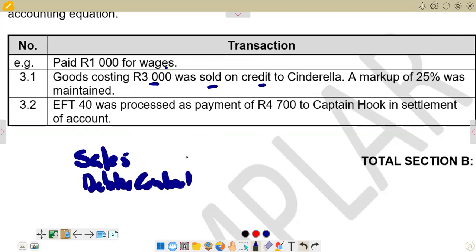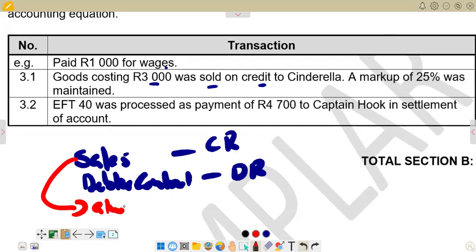So what we are supposed to now indicate is which one we are debiting, which one are we crediting. So you see that since we are selling on credit, we are debiting our debtors control, and then our sales account we are crediting. And remember, sales account is always credited. So we have to take note of that.